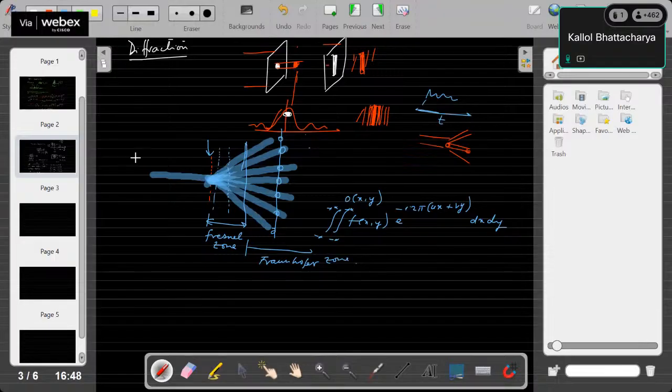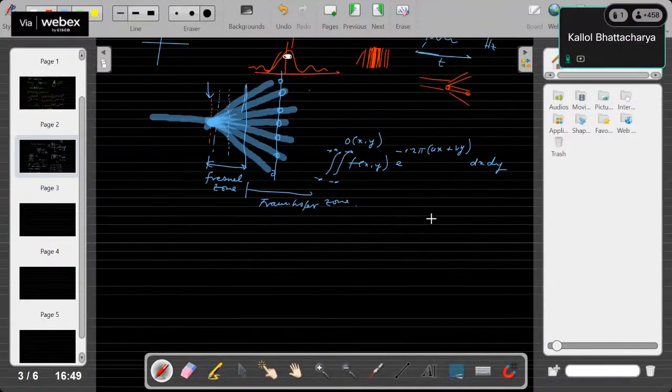But here you have an object, so it has two parameters, both x and y. And corresponding to these two parameters, you have two spatial frequencies. That was temporal frequency, in hertz. In this case it is spatial frequency, which is the number of lines per millimeter.